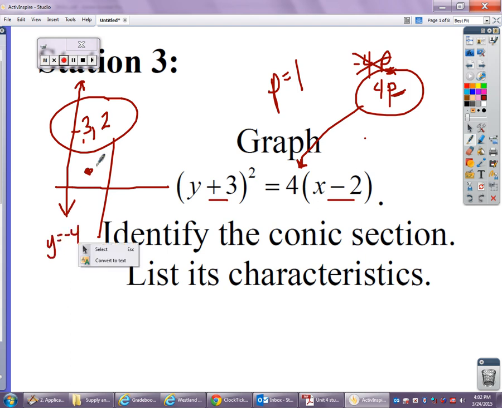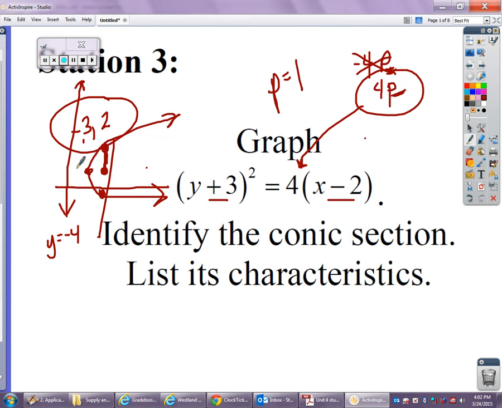So I know my parabola is going to be going this way. First, it's nice to find my focus. My focus is, again, 1 up, which is the p. And remember, 4 times p is going to be the length of this whole line right here to get us how wide our parabola is, or 2p on this side. So 2 times 1, if I go 2 over this side and 2 over this side, I can now draw my parabola going through those points.